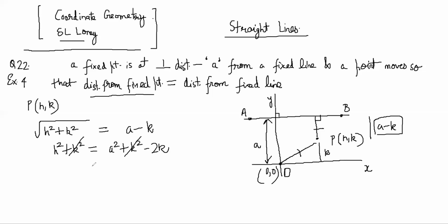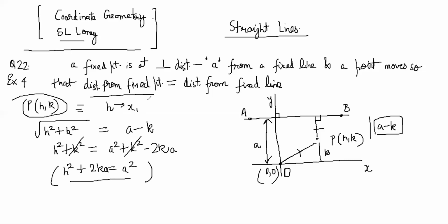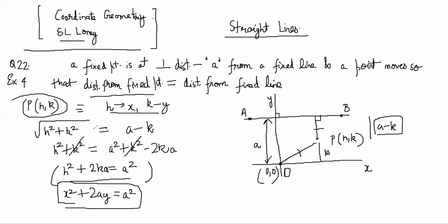K square gets cancelled, and your equation becomes h square plus 2Ak is equal to A square. Whenever you get an equation in terms of h and k, you will replace h with x and k with y at the end to get your xy equation. That is the meaning of the locus, because my h and k were variable.